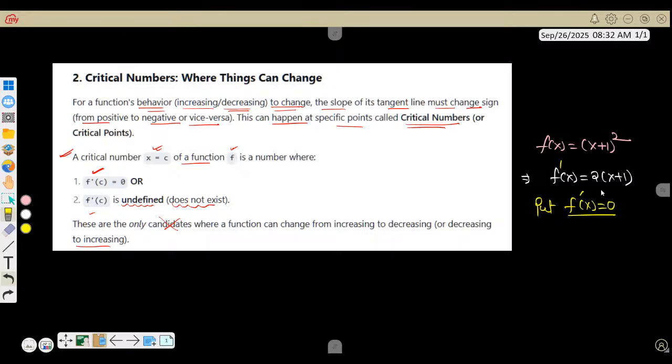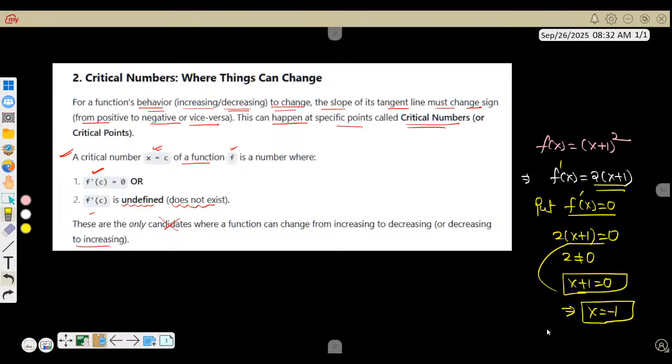If f dash is 0, then this becomes 0. 2 cannot be 0, so it means x plus 1 equals 0. This implies x is equal to negative 1. So this is the critical point, the point where our function changes its behavior.